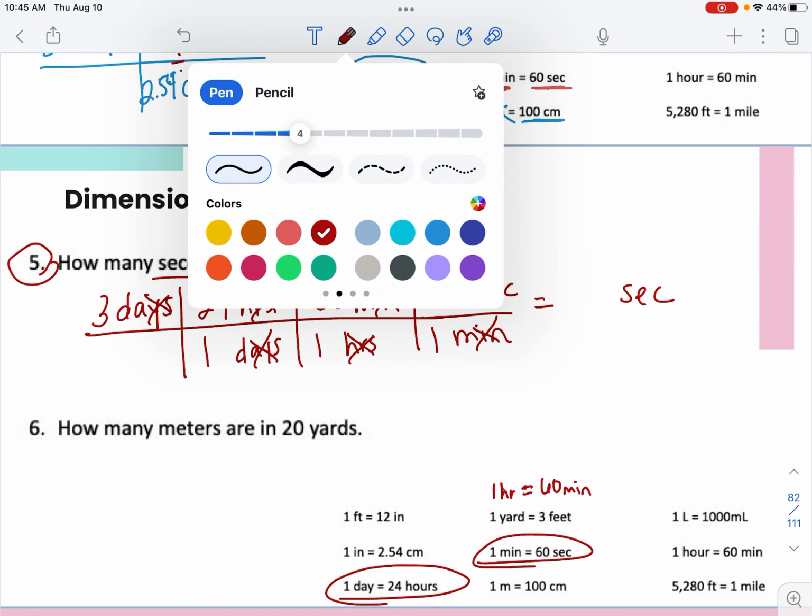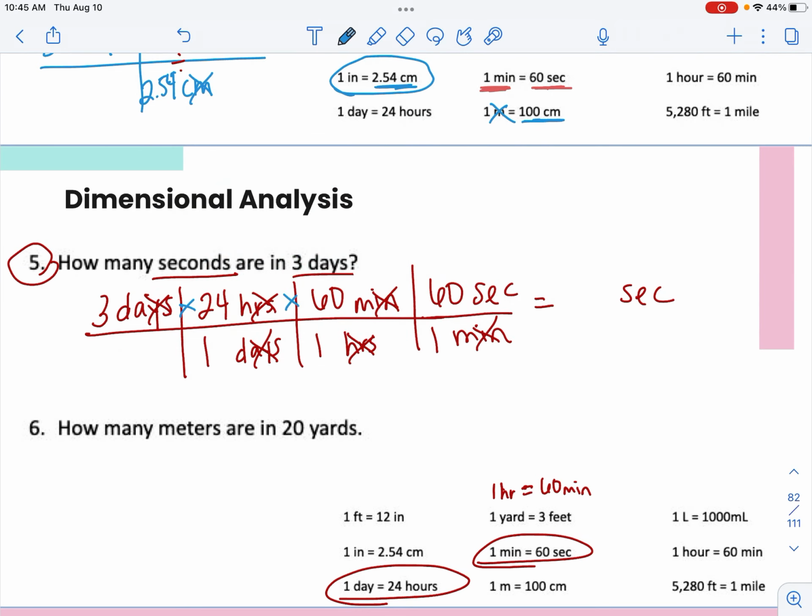So I'm going to multiply every number on the top. And then I can divide by every number on the bottom. And since every number is 1, if you type it in your calculator and you divide by 1, divide by 1, divide by 1, it's still going to be the same thing. So you get 259,200 seconds.